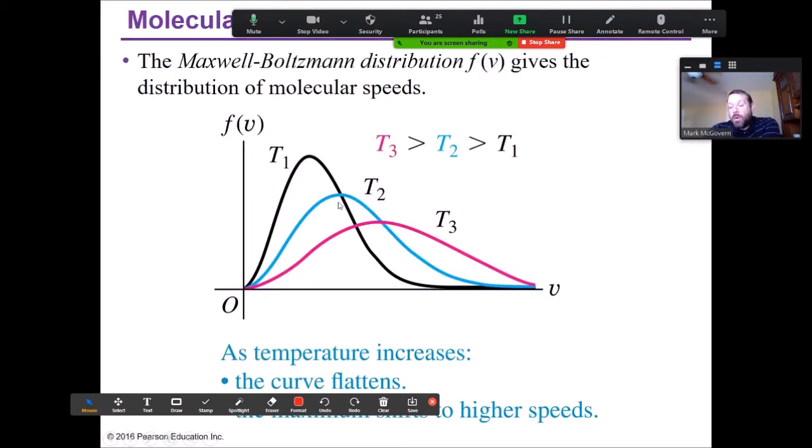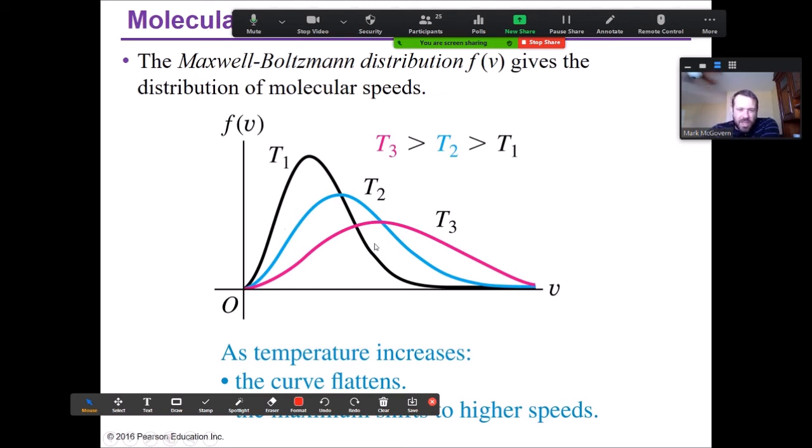Well, we do have a way to express this, and it's called the Maxwell-Boltzmann distribution function. We indicate this by an F of V, and it sort of looks like this. This is speed versus the frequency of those speeds. So this function here is normalized actually, and so when you add up all the speeds here you get a 1, but it gives you a spread like a histogram.